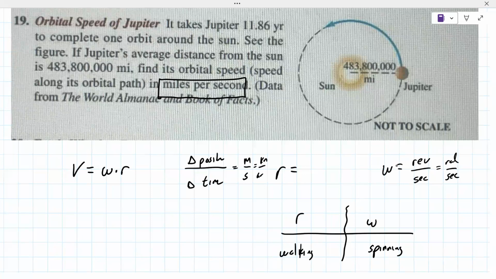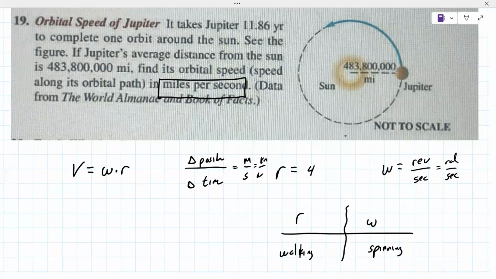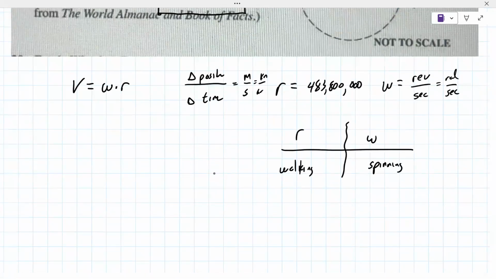So this is the approach that I use to solve problems: you start with the big equation, like V equals W times R. Well, what do I have? I have R. R is 483,800,000. But I don't have W. So now I say, okay, I have to find an equation for W. What is W again? Angular speed.